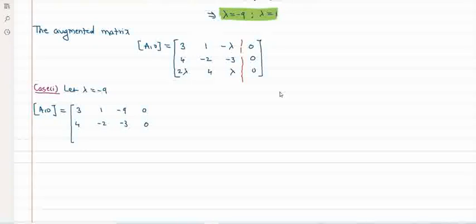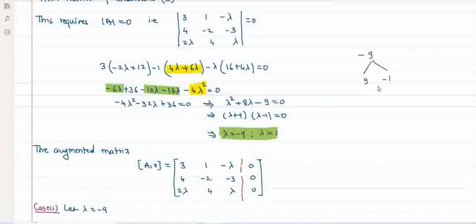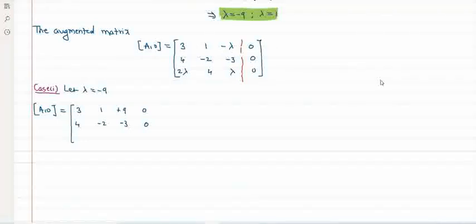Sir, plus 9? No, minus lambda, so 9. Oh, okay. This one is plus, correct. Next one is minus 18, 4, minus 9 and 0.